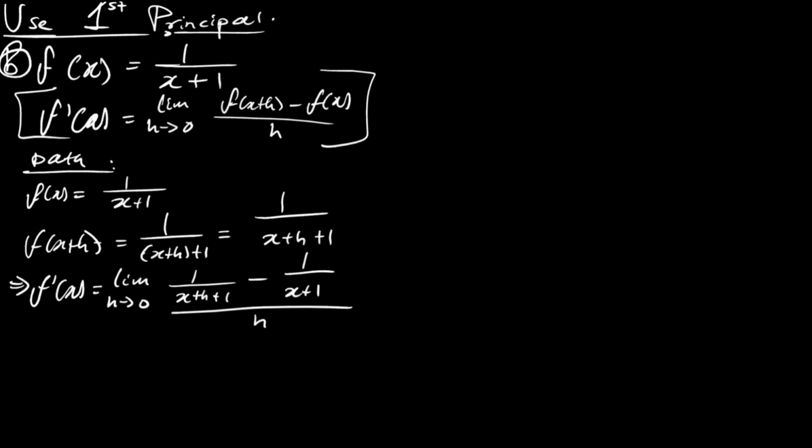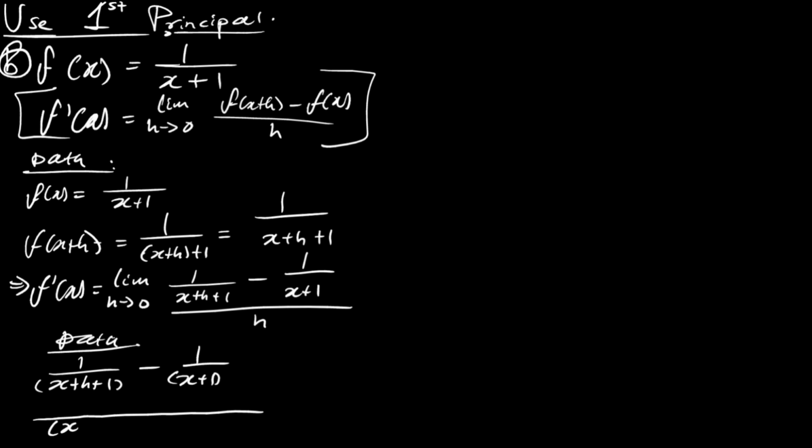Now, every time the numerator is not a single fraction, it is mostly advised to make it a single fraction. So let's do that. We have 1 over x plus h plus 1 minus 1 over x plus 1. We look for the common denominator, which will be the same things that we have as our denominators, which will be x plus h plus 1 and x plus 1.